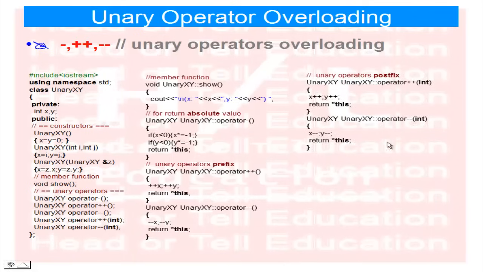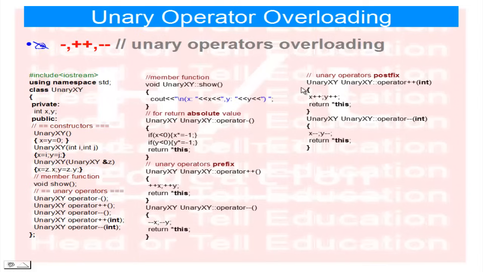Next, these two functions are for postfix, but the compiler gets confused if we do not pass a parameter type inside. Here the operator function plus plus has an empty parameter, so the compiler decides this is for prefix. For the postfix rule I have passed an int parameter, so when we use plus plus in postfix, the compiler decides this is the function for postfix use.